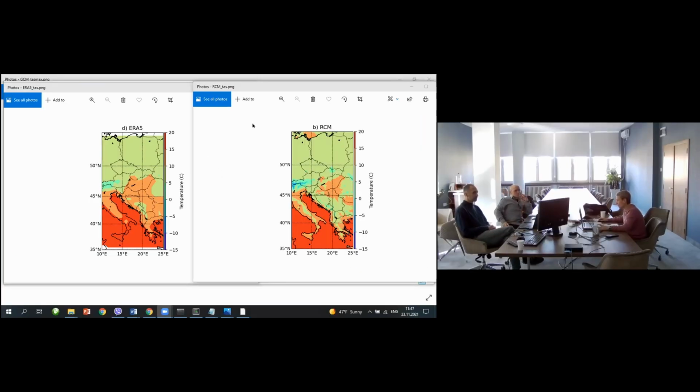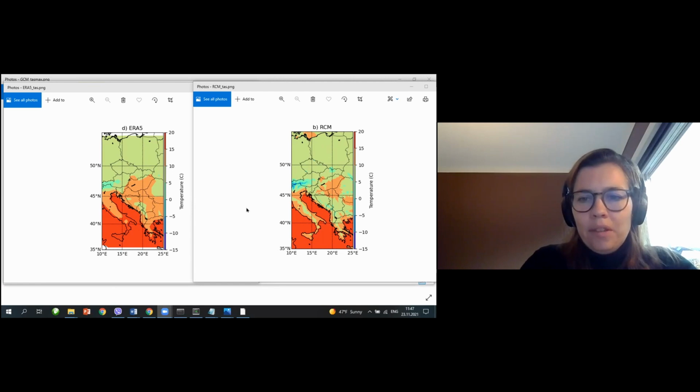Here are the plots for the regional climate model and the reanalysis. On the same resolution, I regridded it and plotted. And I can put up also the global climate model, but I think these 2 are enough.